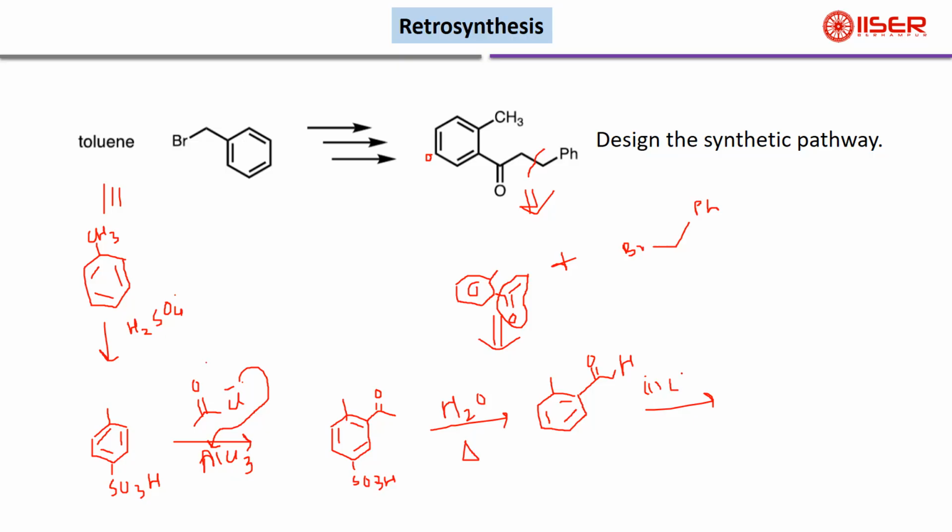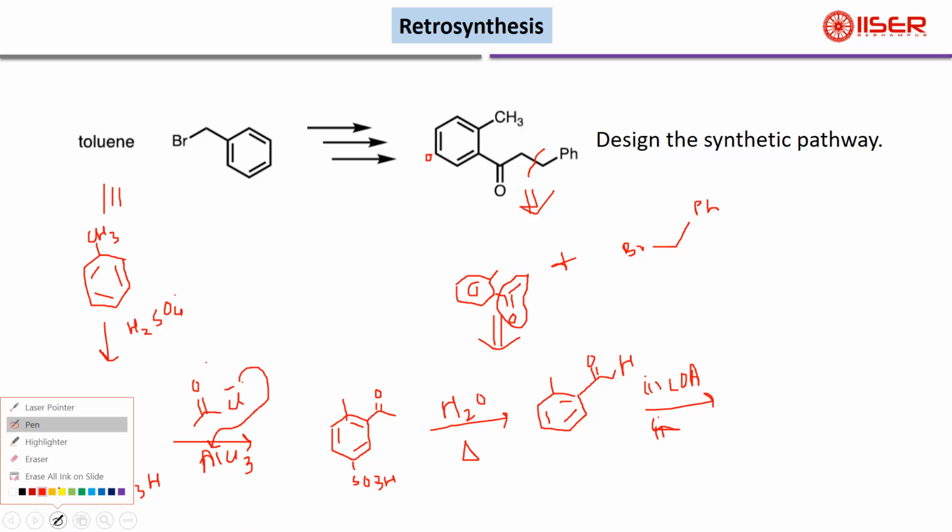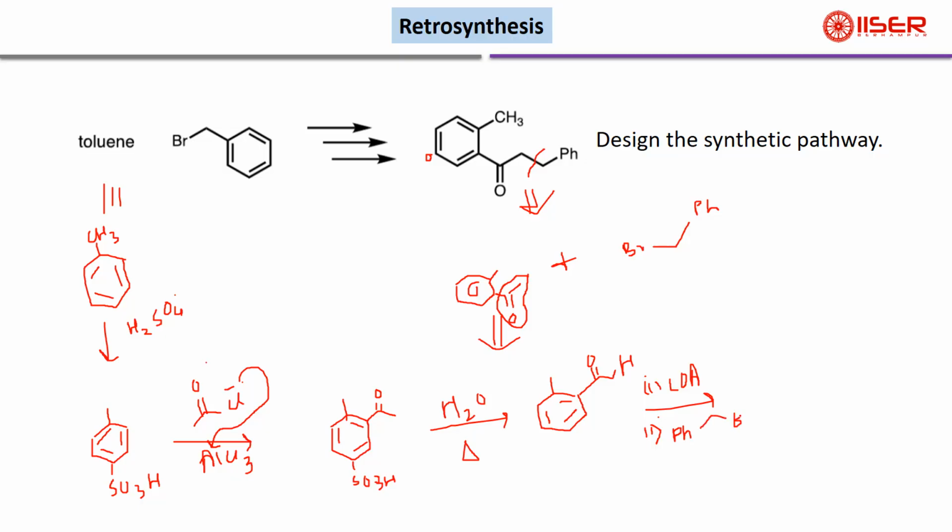So if you perform LDA followed by benzyl bromide, it will incorporate at this center and will give us our target molecule.